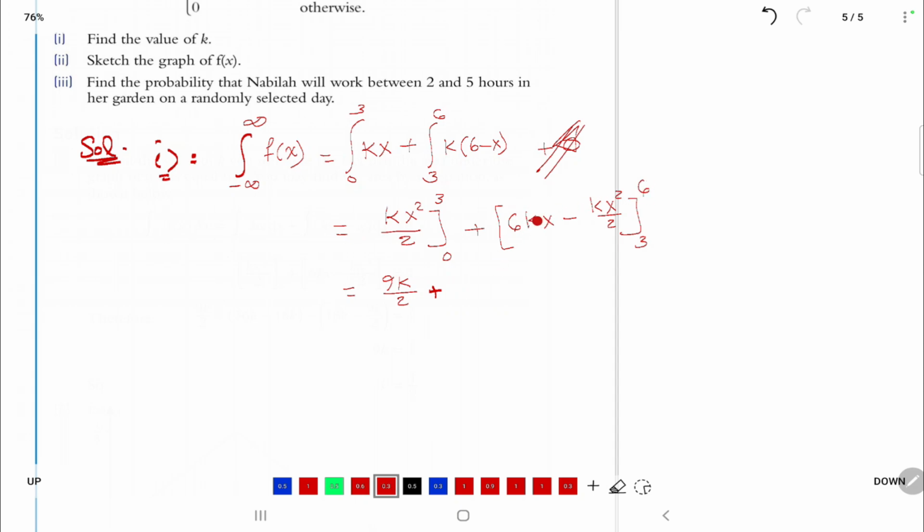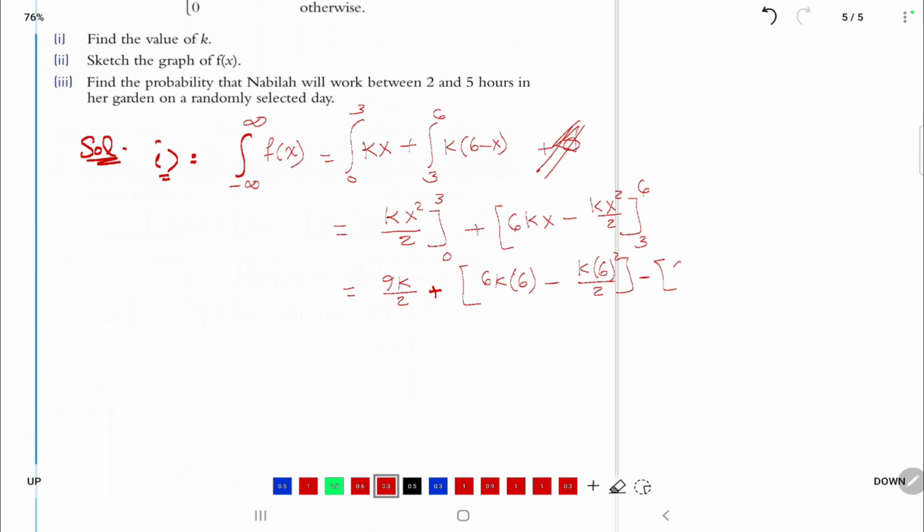If I plug in 6 for this bracket, it is 6k multiplied by 6 minus k times 6 squared over 2, and now I deduct what we get when 3 is plugged in.